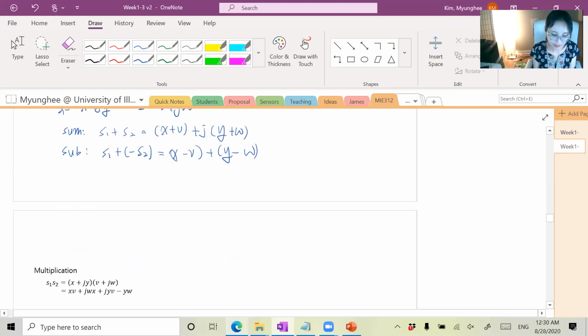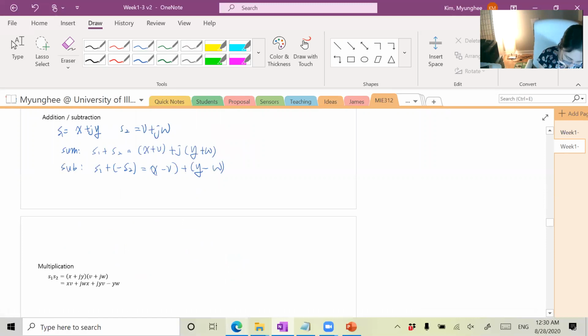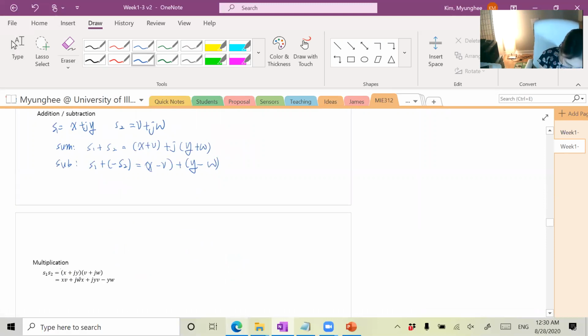For multiplication, you can use this equation. Again, this is S1 over here and this is S2 over here, and you do some operations.